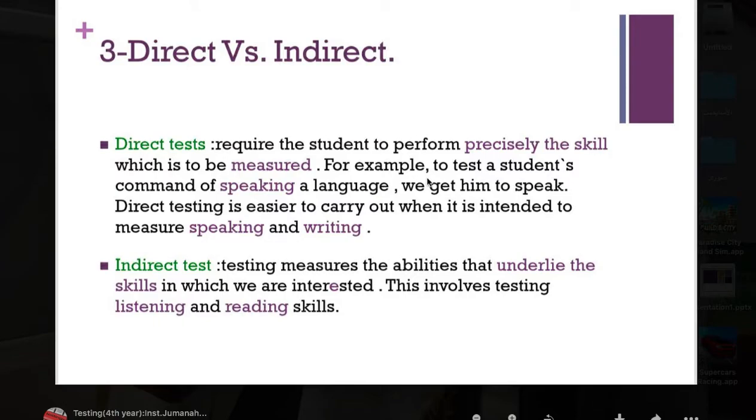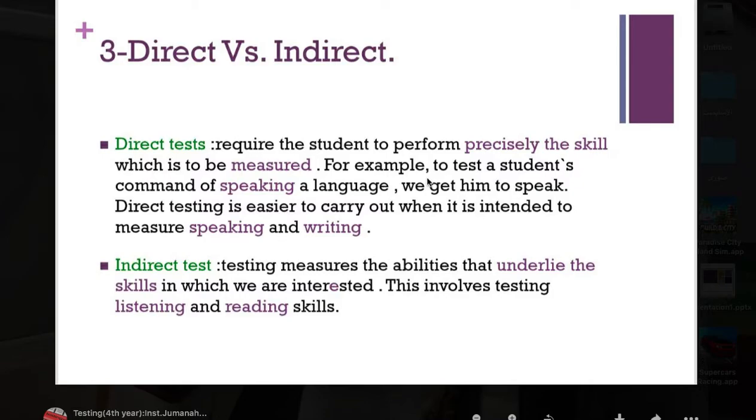Well, direct tests require the student to perform exactly, to show exactly the skill which is to be measured, which is to be tested or assessed. For example, the teacher would like to see whether you can speak English well or not.